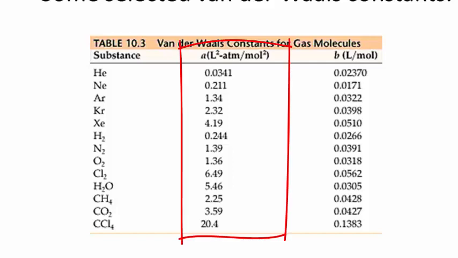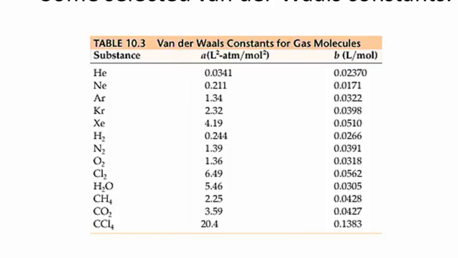The a constant is related to this stickiness, which later we will refer to as intermolecular interactions. And it can vary a great deal, as you see in this table, from 0.03, a pretty small number for helium, up to something like 20 for carbon tetrachloride. It is due to these interactions, and we will see later on that some molecules interact with each other much more than do other molecules.